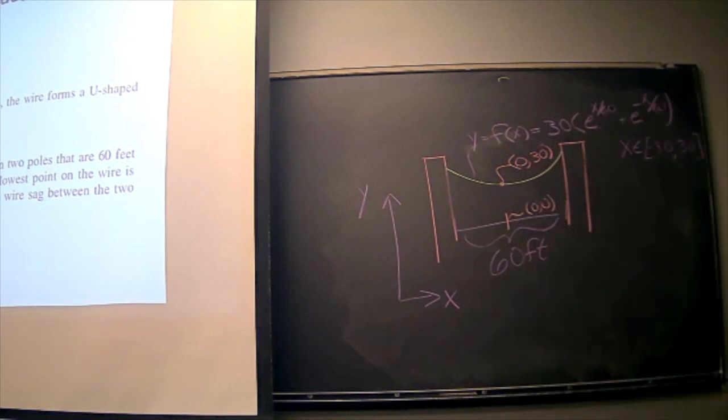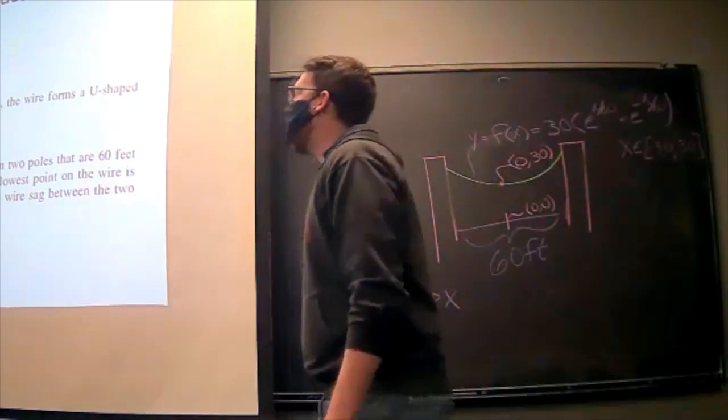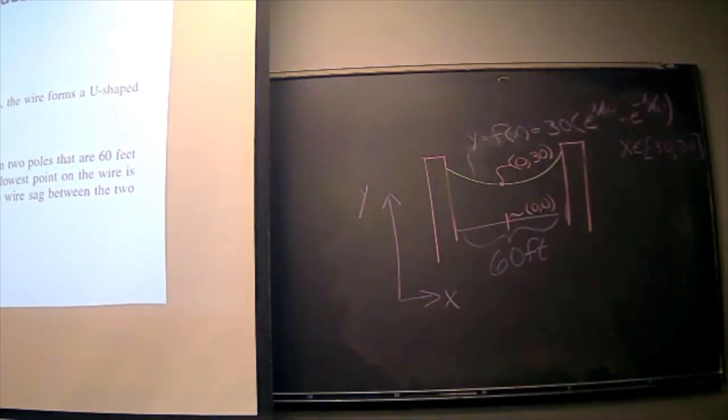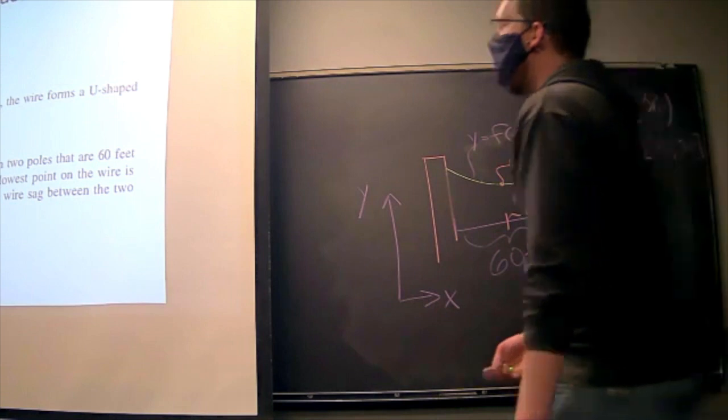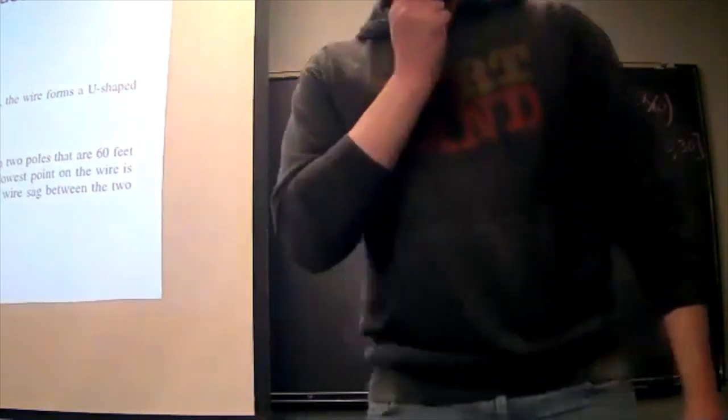So just to kind of help us see what this picture is even talking about, or what this problem is even talking about. Now, I've already given it away, but we want to show that the lowest point on the wire is midway between the two poles. And we want to find out how much it sags at that point.